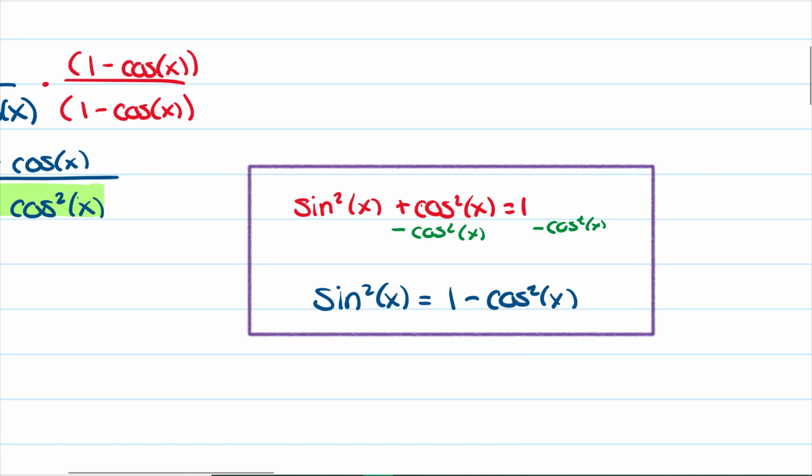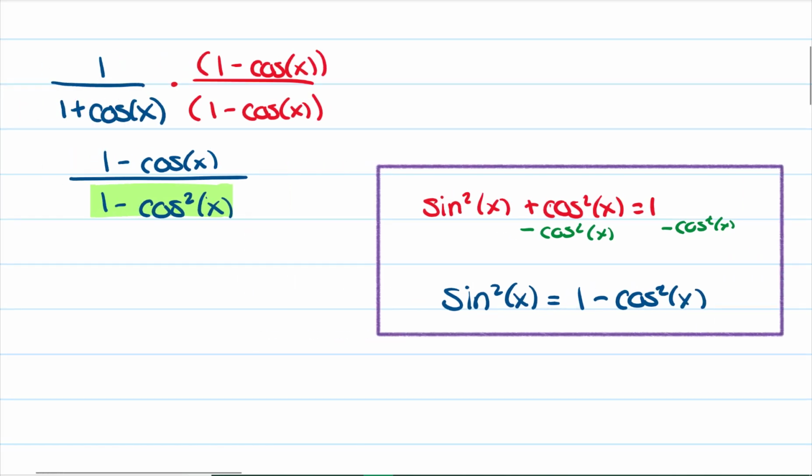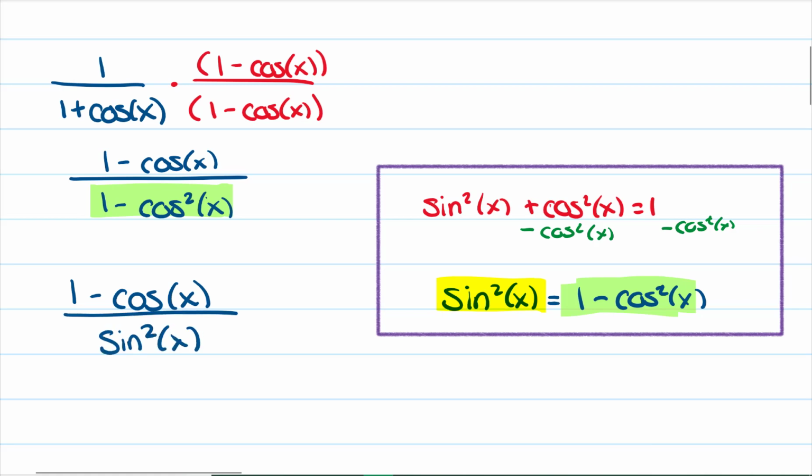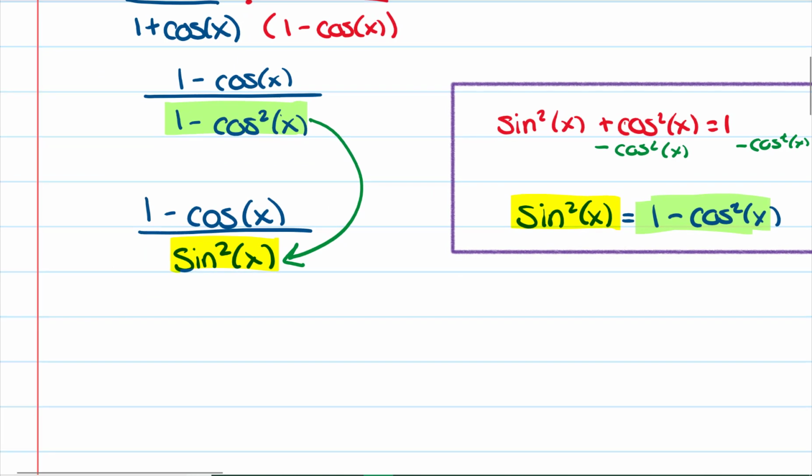So I'll put that in a box. So 1 minus cosine squared is equal to sine squared. So now I'm going to rewrite my fraction as 1 minus cosine of x, all divided by sine squared of x. So again, 1 minus cosine squared turned into sine squared.